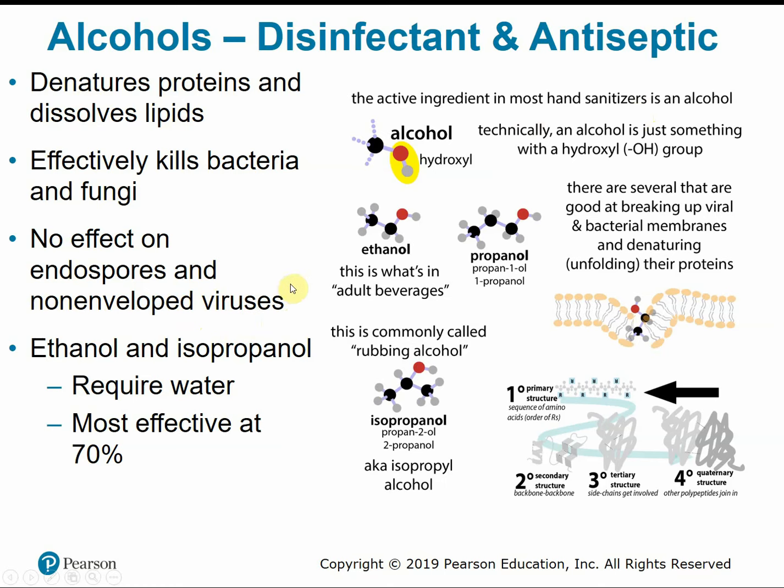Ethanol and isopropanol are the most commonly used, and they're most effective at 70%. So remember we said concentration of the disinfectant was also important in its effectiveness. Alcohols work as a two-prong approach: we dissolve those lipid membranes, and we denature and destroy their proteins.